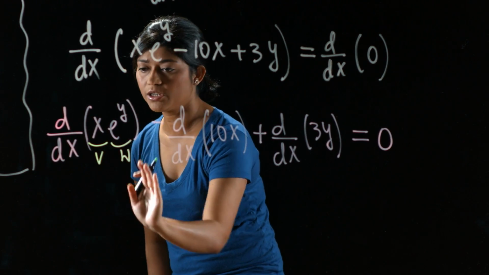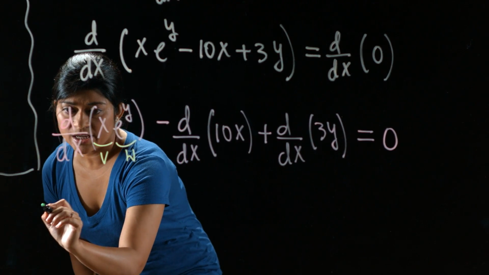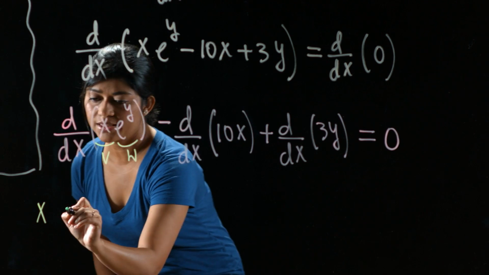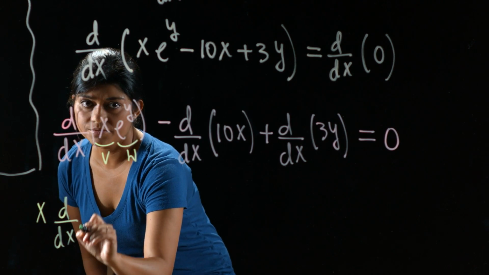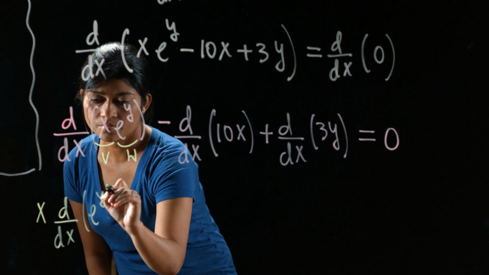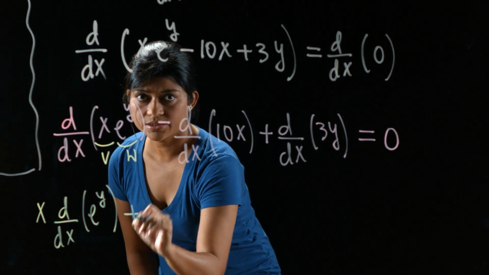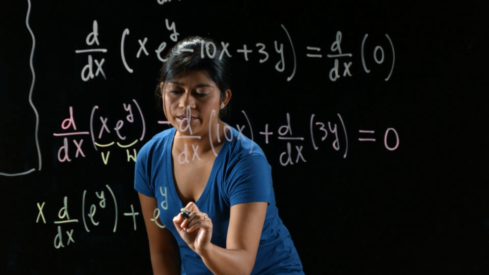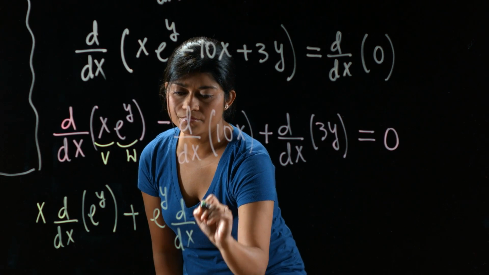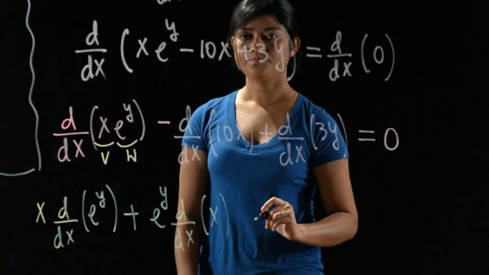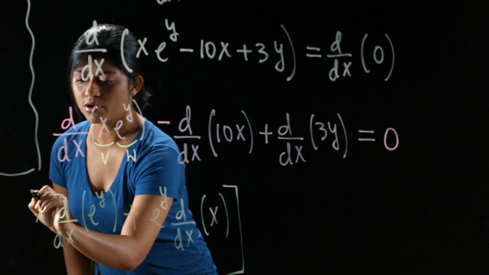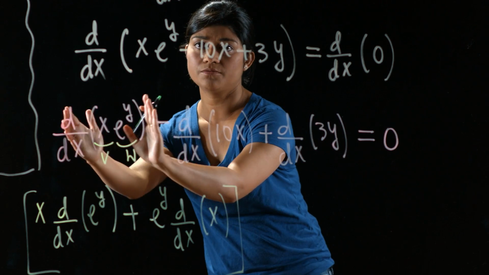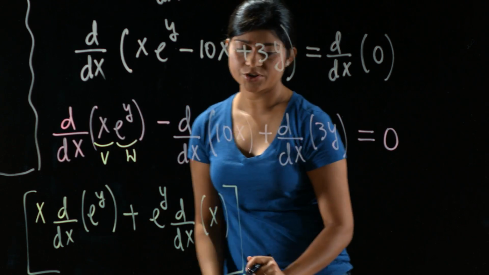When you have 2 functions v and w, you keep one of the functions as it is and take the derivative of the second. Then add, keep the second function as it is and take the derivative of the first one. So that is the product rule.